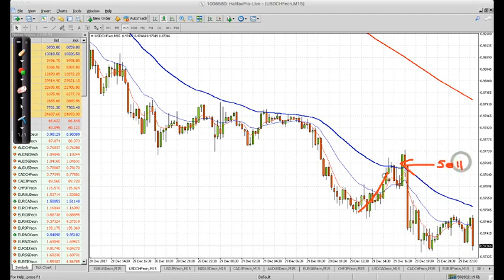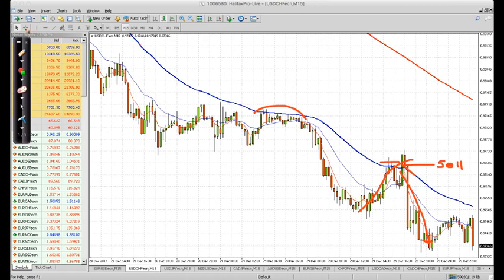Because you're anticipating it's going to hit the 50 moving average and come down, and you're going to make your profits as it comes down, okay? So based on the 50-minute candles, this would be a good entry to sell, right? Because it's hitting the 50 moving average resistance and it's on a downtrend. But what do you need to do? You always need to check the hourly candles to ensure that it is aligned.